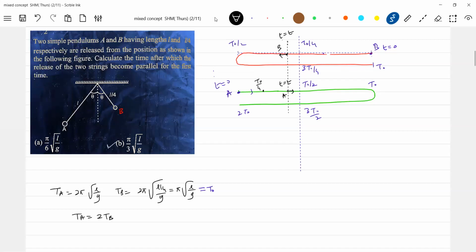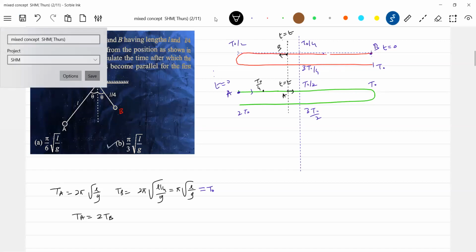So how to calculate that particular thing? Anybody answer?